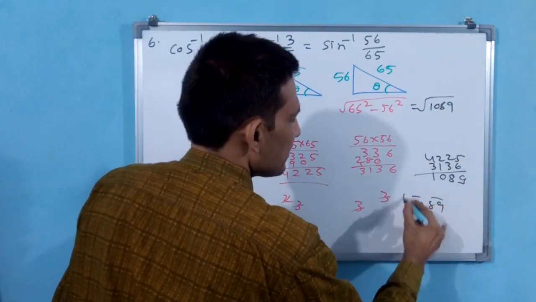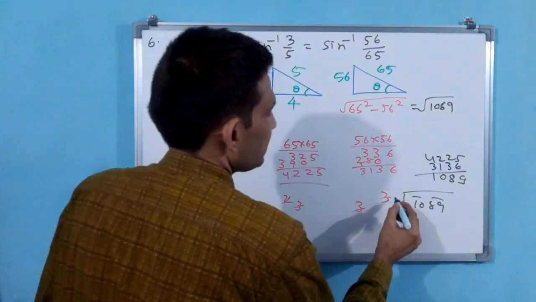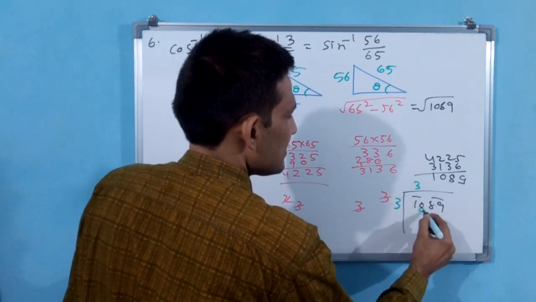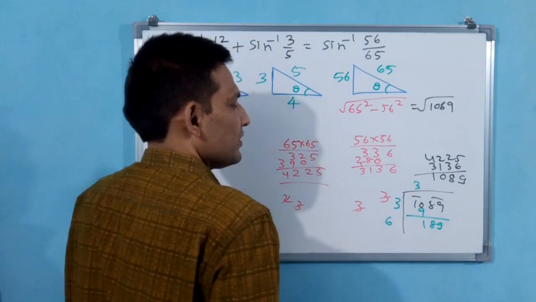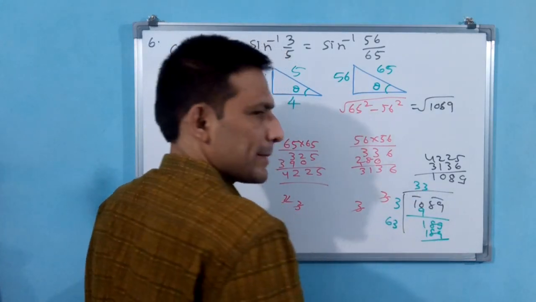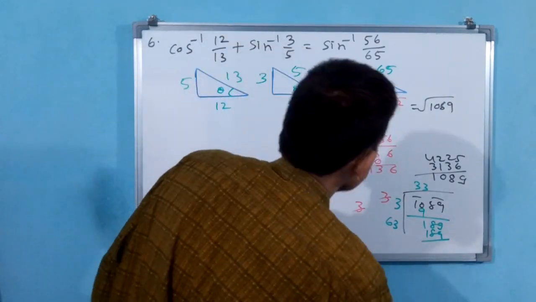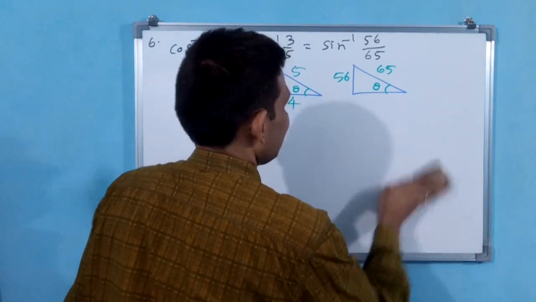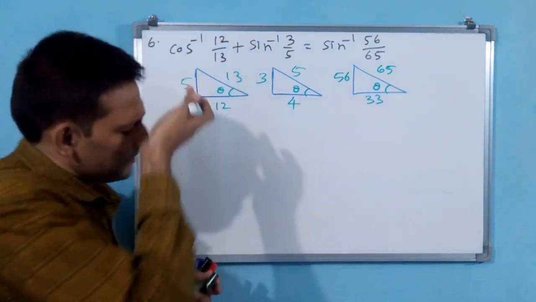How I am making the square root of 1089, you see. 3 3s are 9. 189. 3 into 2, 6. 63 3s are 189. 3 3s are 9. 3 6s are 18. 33. You write 33. Okay.